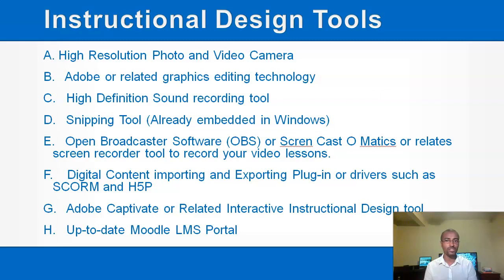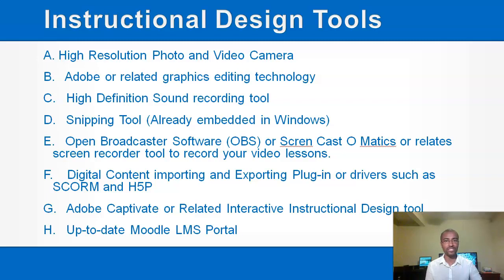The first one is you need to have a high resolution photo and video camera, because students should not have any problem reading your PowerPoint slides or the materials you have presented. So it should be very clear, which is possible due to technology. And you need to have Adobe or related graphic editing technology.